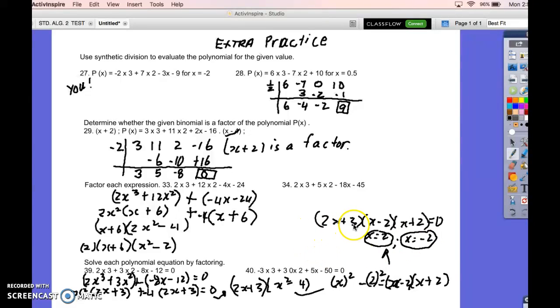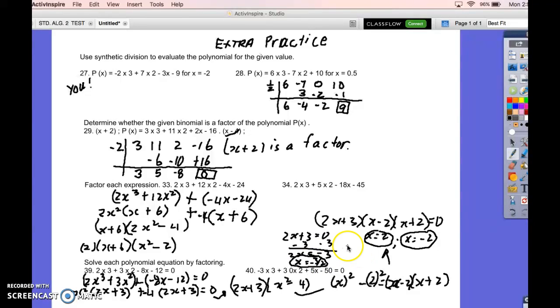And then finally, this one is going to be tougher. For 2x plus 3 to be 0, we have to subtract 3 from both sides. We have 2x equals negative 3. Divide both sides by 2, and we get x is equal to negative 3 over 2. So that would be the third 0.